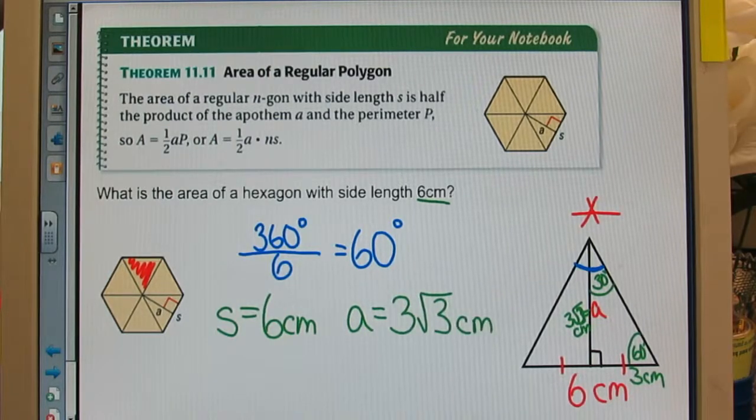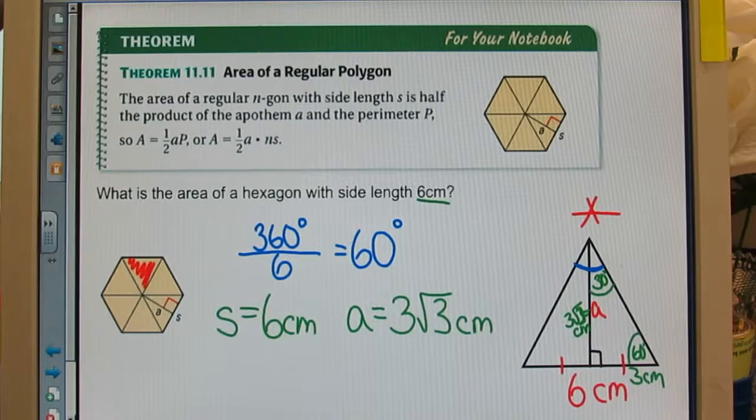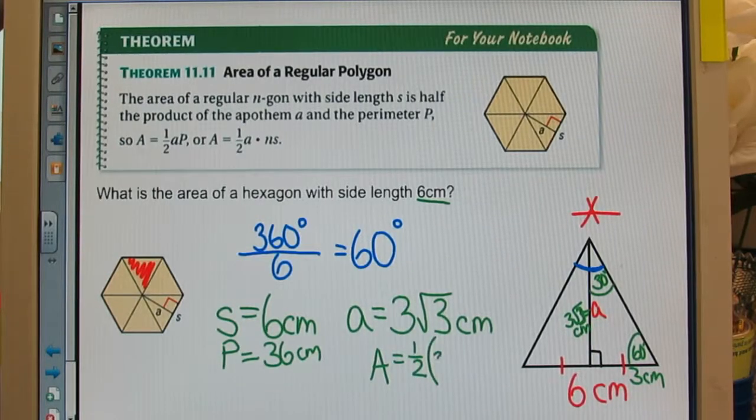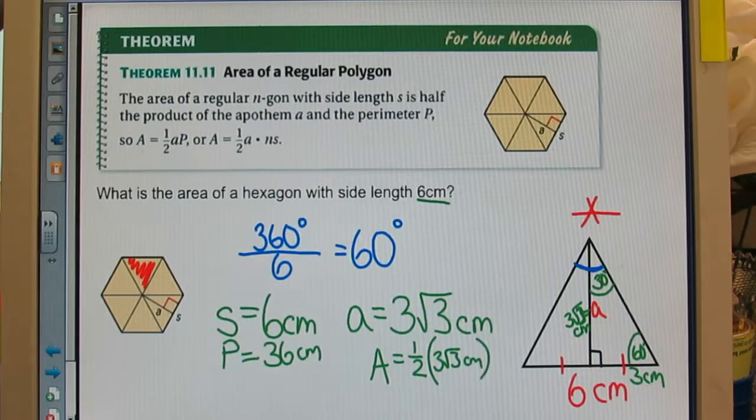And if I have one side as 6 centimeters, I know that the perimeter is going to be 6 centimeters times the number of sides, which is 6, so 36 centimeters. So I know that the area of this hexagon is going to be 1/2 times 3√3 centimeters times 36 centimeters.